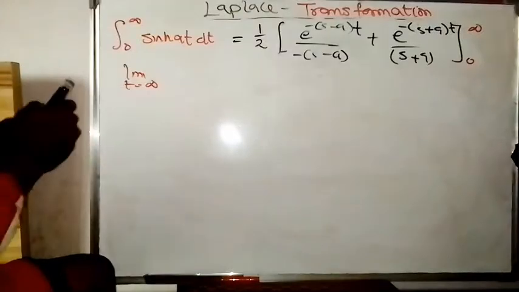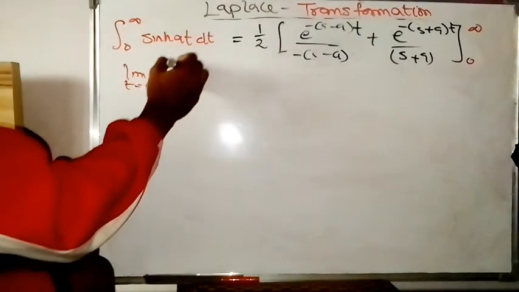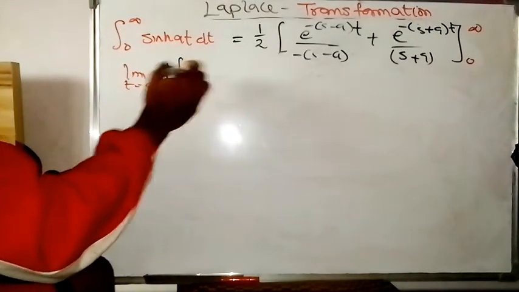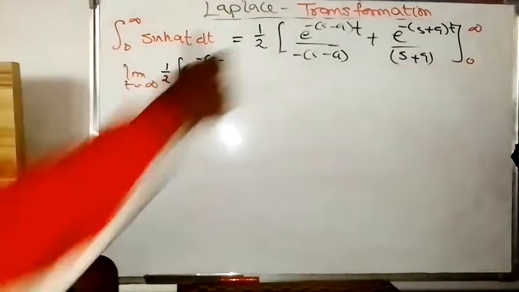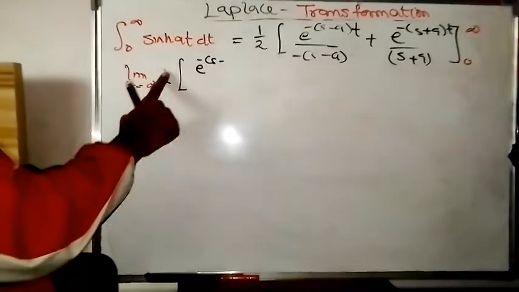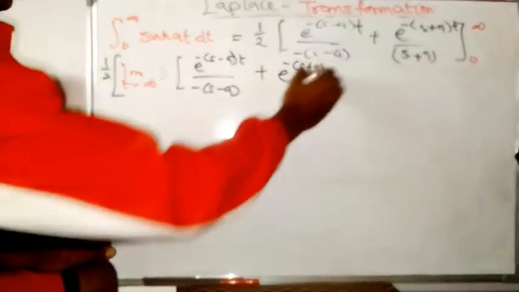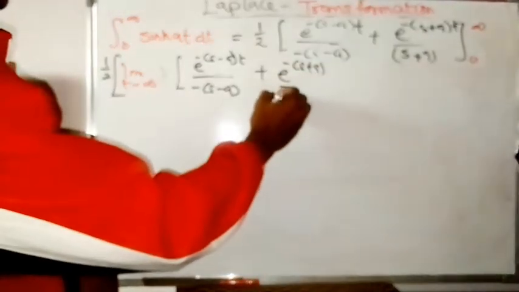So this is 1 over 2 open bracket exponential minus s minus a t divided by minus s minus a, right? Now this constant will eventually be multiplied all through, so I can factor out the constant 1 over 2 here. Plus exponential minus s plus a t divided by s plus a.